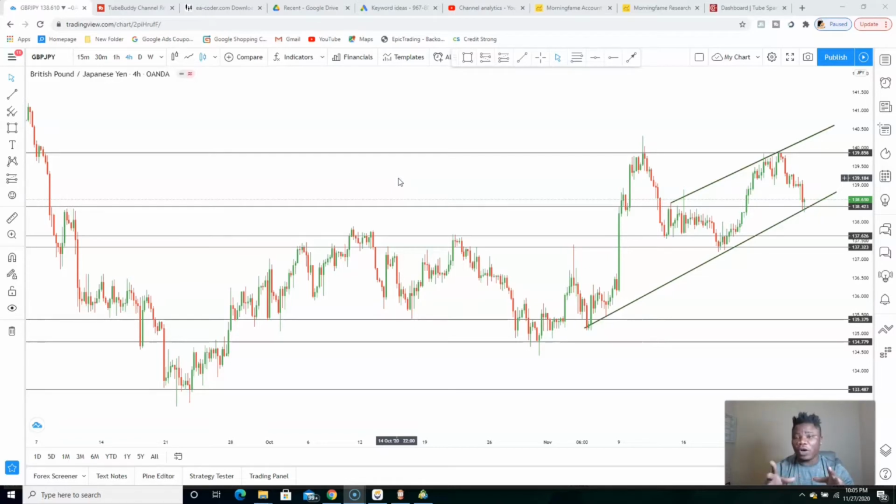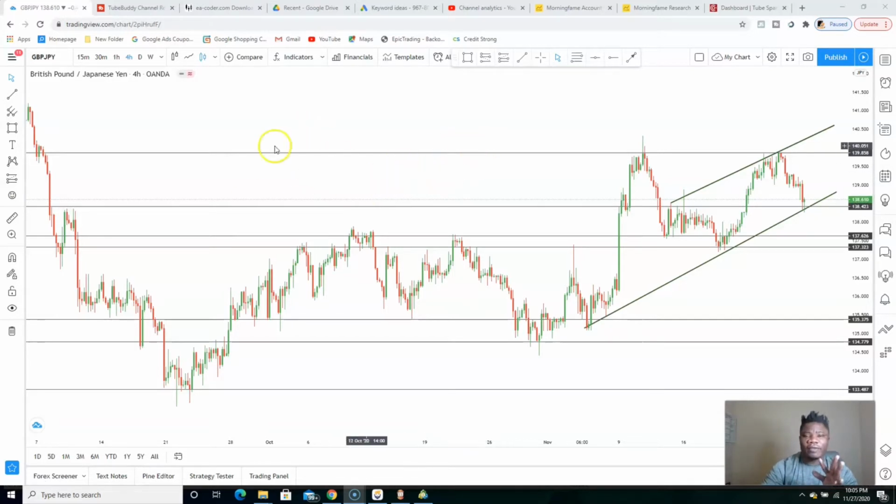But before I place my trade on the 1-hour time frame, I go back to the 4-hour time frame to look at what's going on. If I feel comfortable and I'm pretty positive about that trade, then I'll place my trade on the 1-hour time frame. But you guys will see what I'm talking about as we go.